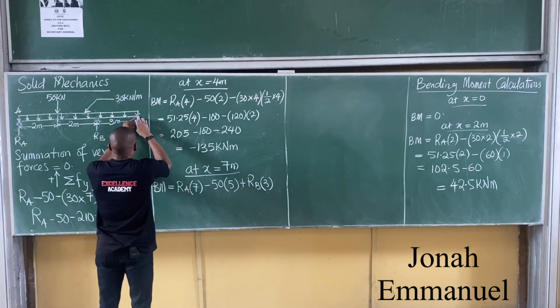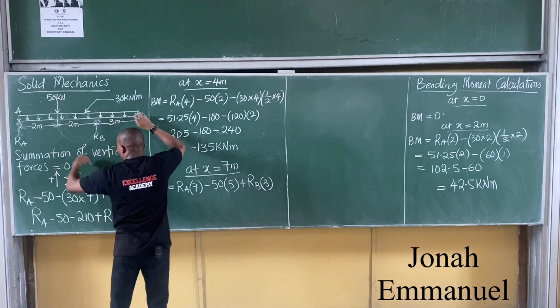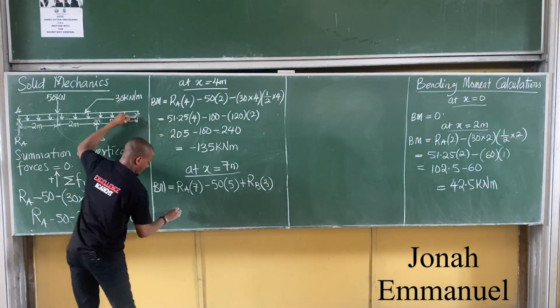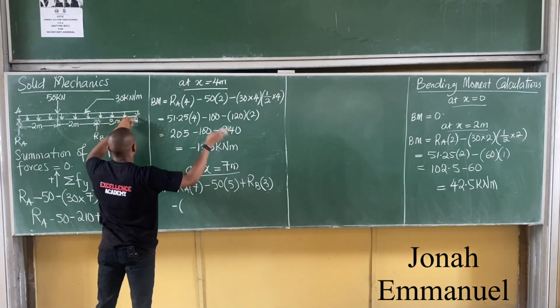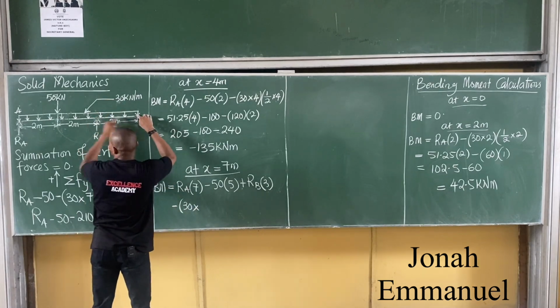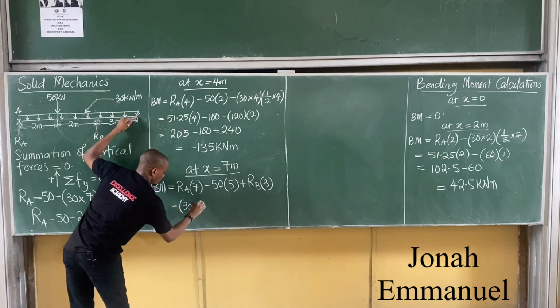Finally, consider the UDL. The UDL is coming downwards to this point, so it's anti-clockwise, negative. First convert the UDL to a point load: 30 times the distance here, 7.